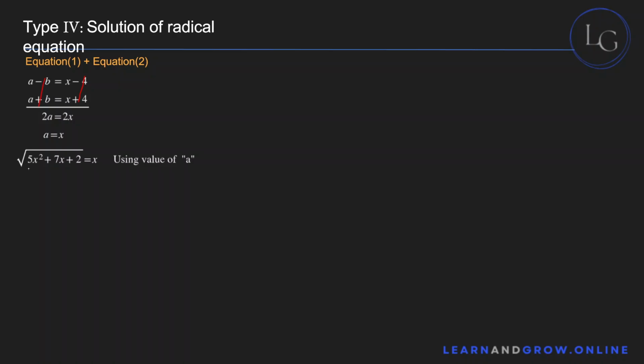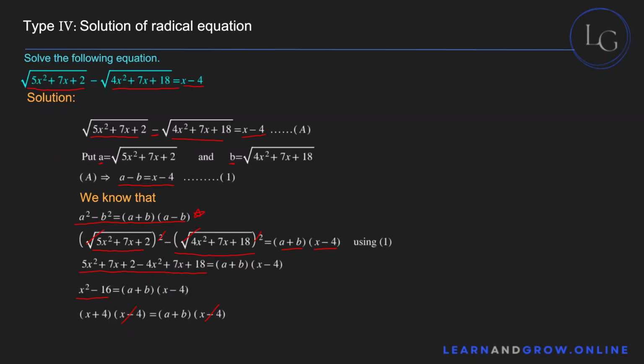Now this quadratic term that we had originally, that was equal to a, as you remember. We know that a is equal to x, so you'll use this equation here.